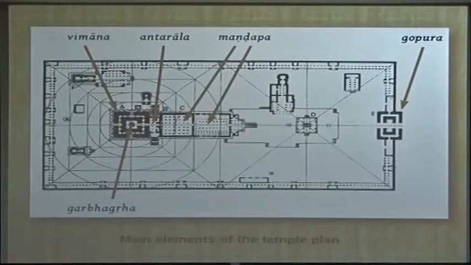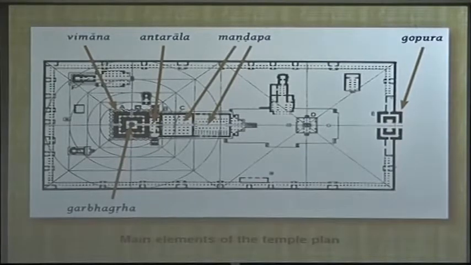Now, if you look at the plan, this is actually a very good example of the various components. I'm not going into intricate details about the different styles. This is the so-called Dravidian or South Indian style of temple architecture. In the north, we'll see a few examples. Things are a bit different, but basically the concepts are the same.